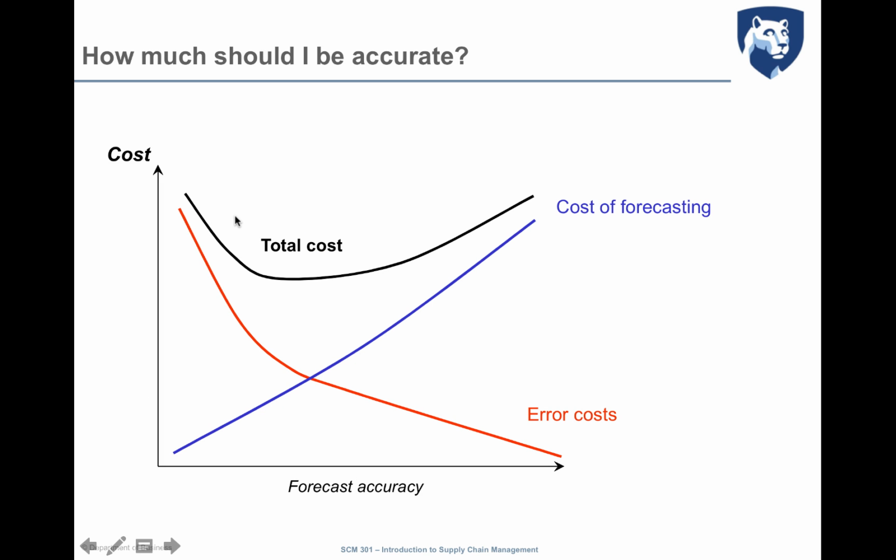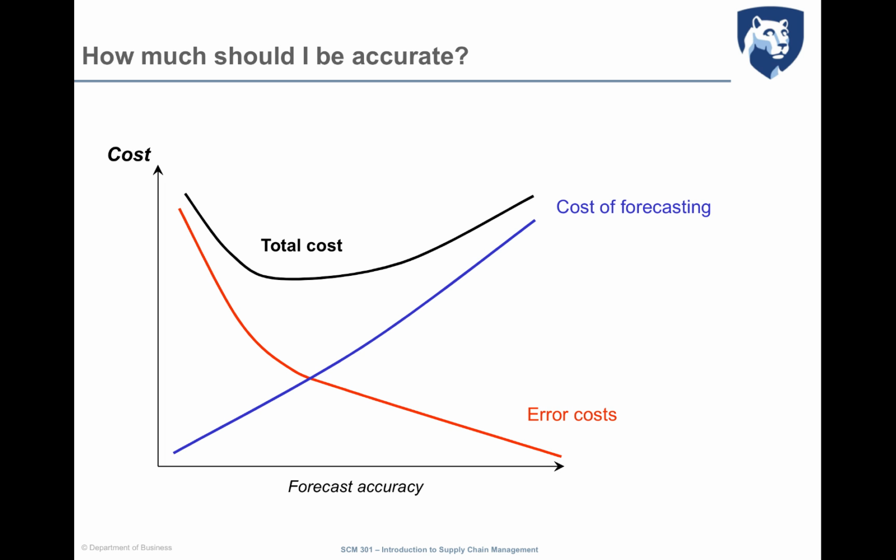Of course, when you build the model, you want to be as accurate as possible. So in your objective function, you will want to minimize the KPI measuring the bias and the KPI measuring the accuracy.